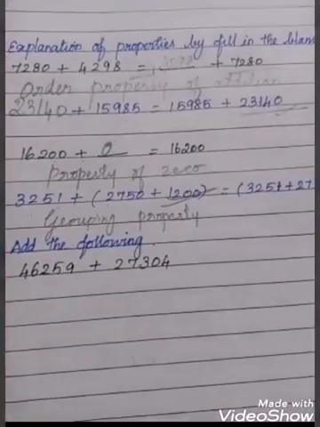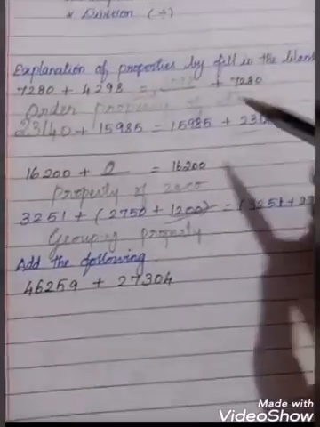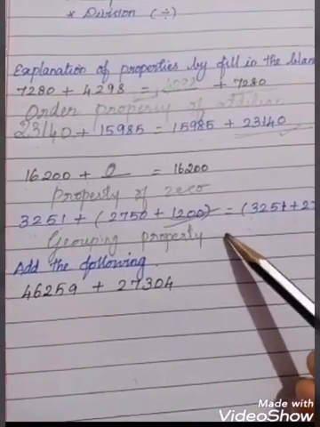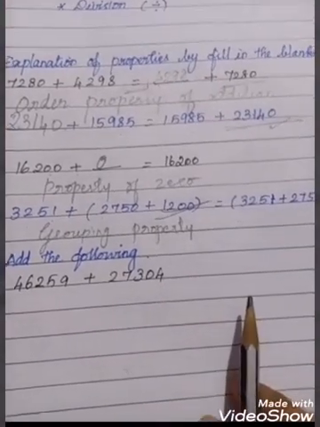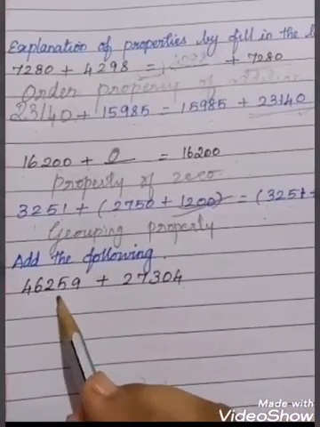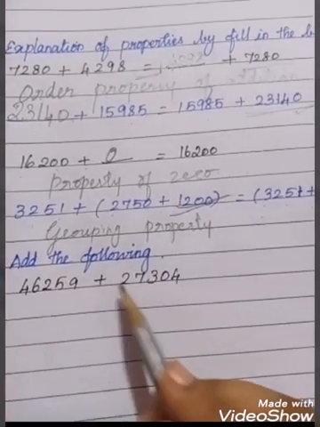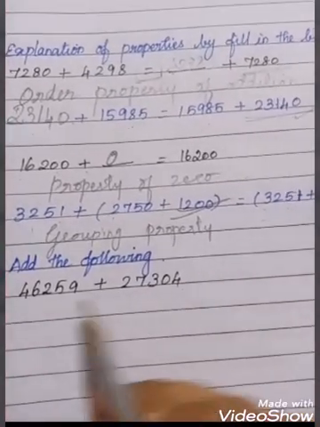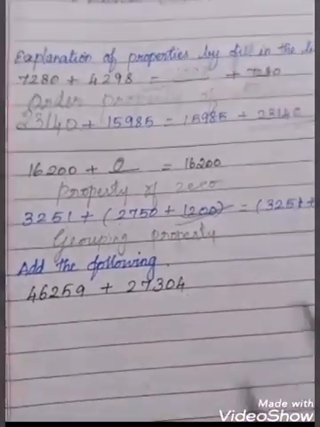Students, please remember these properties. It is the order property of addition, the property of zero and the grouping property of addition. So let us see how to add two numbers. The first number is 46,259 plus 27,304. Listen children, this number has 5 places.